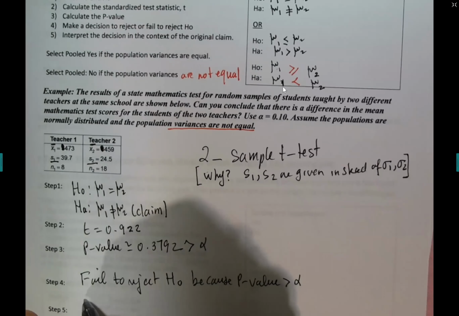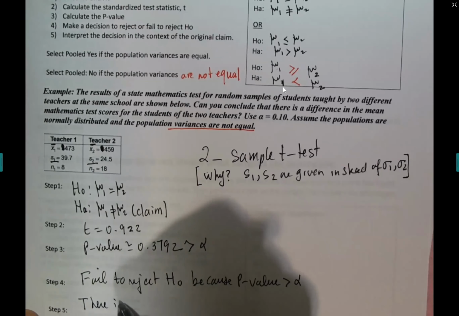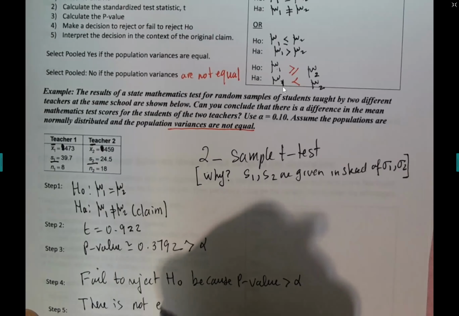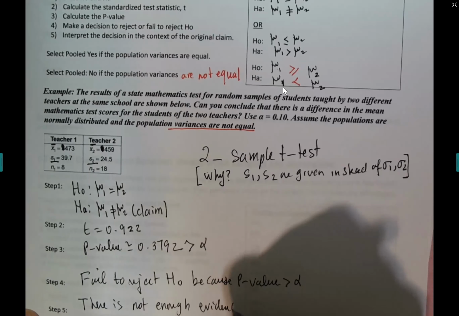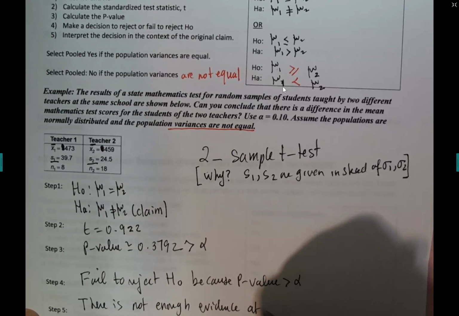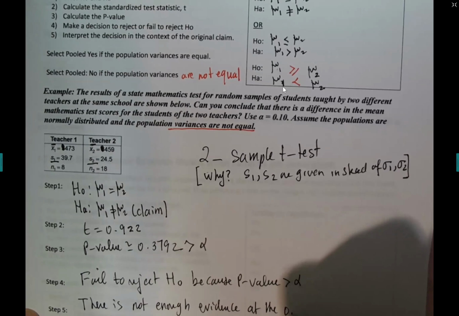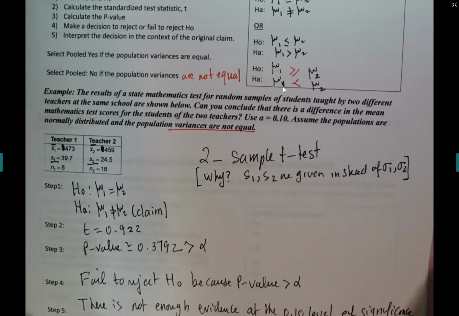And then conclusion, guys. There's not enough evidence to support. Exactly. There is not, you're picking it up right now. There's not enough evidence at, whatever the level of significance is, 0.10 level of significance. And that should prove to you guys what I said is right about continuation.